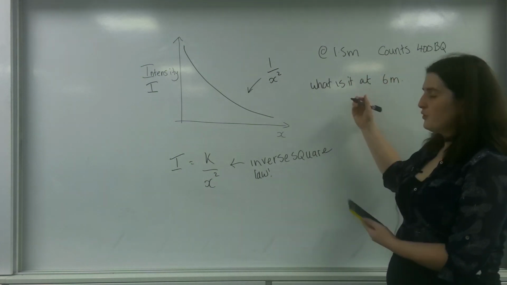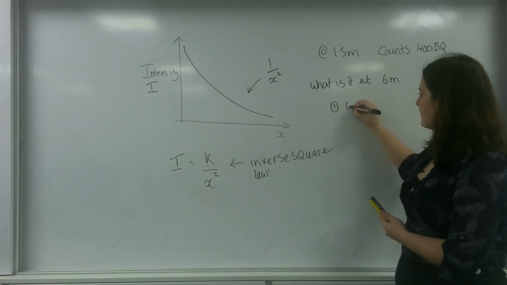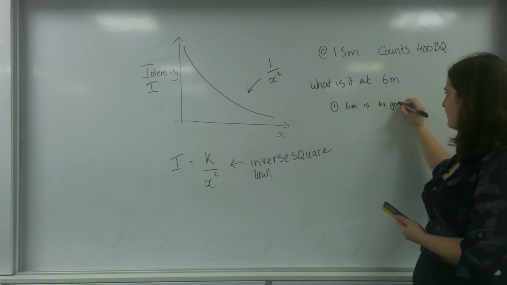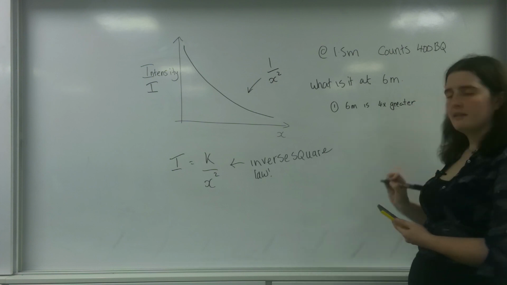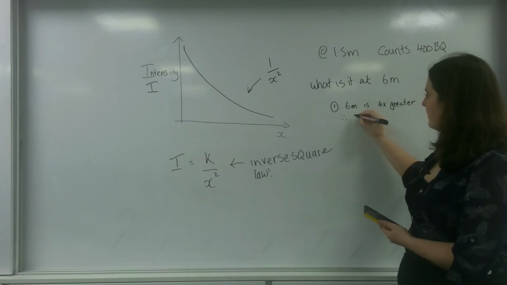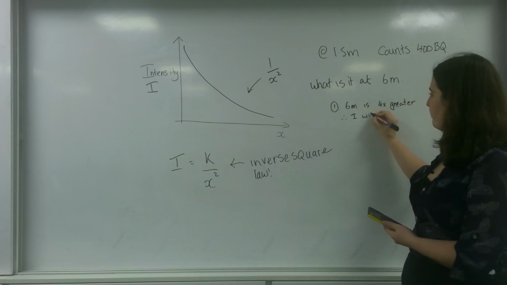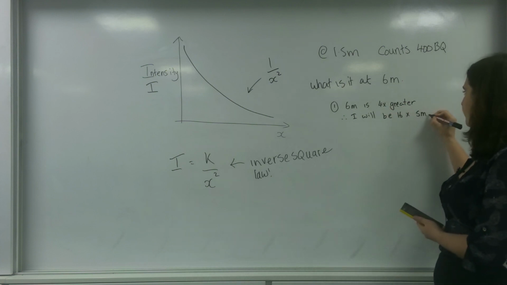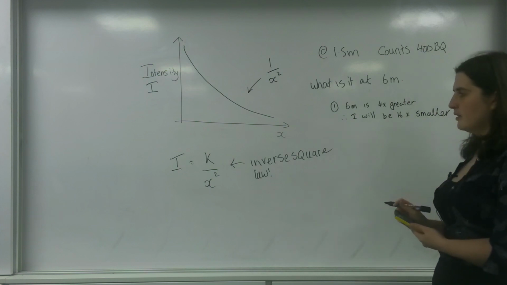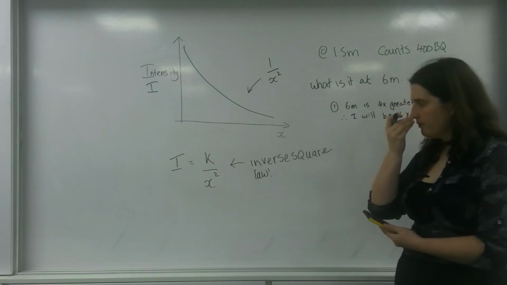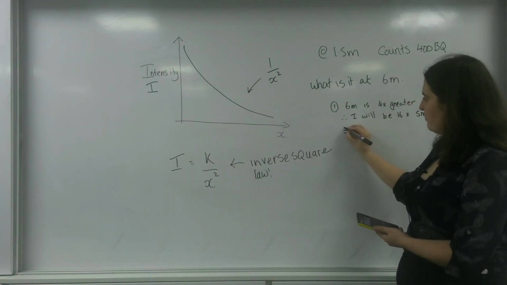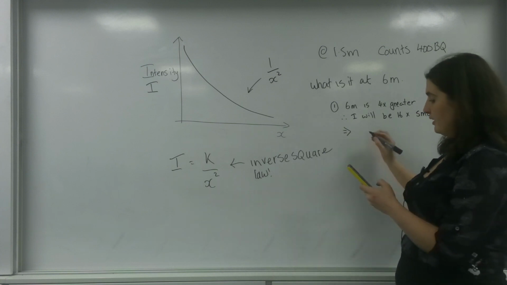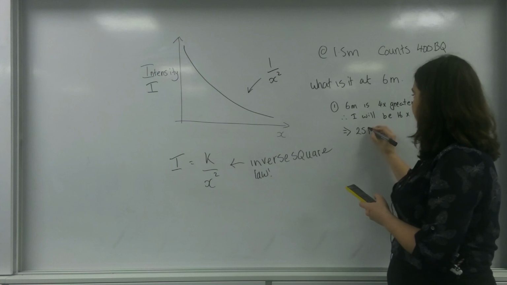Okay, so the first way you could look at that is that 6 meters is 4 times greater, which means the intensity will be 16 times smaller. And that means the intensity will be 400 divided by 16, which is 25 becquerels.